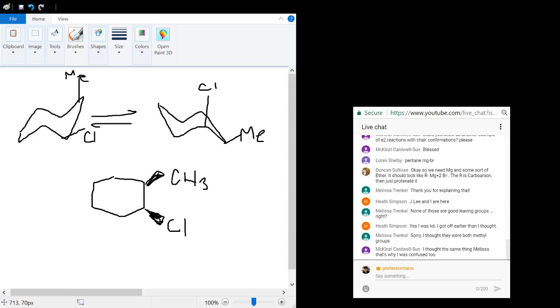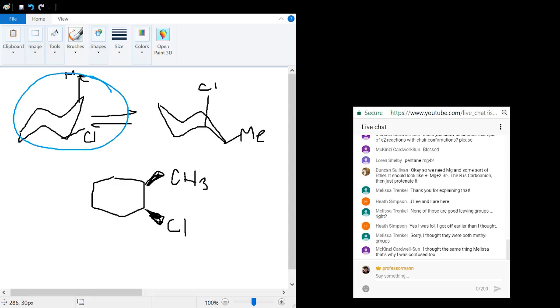So what we need is to see if there's somewhere on here that has some sort of anti-periplanar hydrogen, right? So if you look at, let me pick up a color here. If we look at this molecule on the left, and it's the same molecule, right? These are conformational isomers.